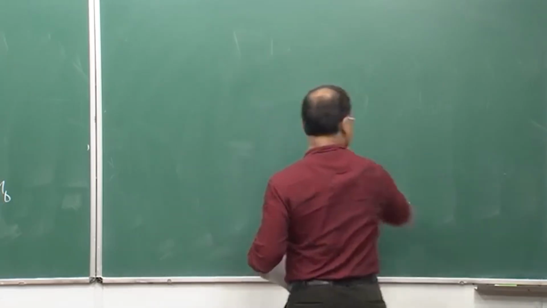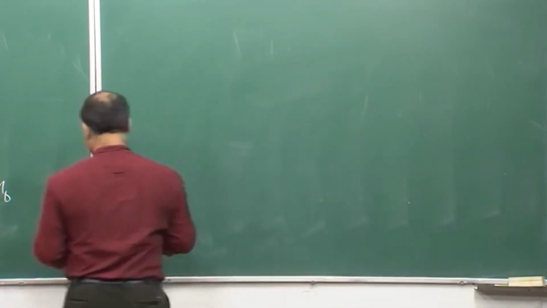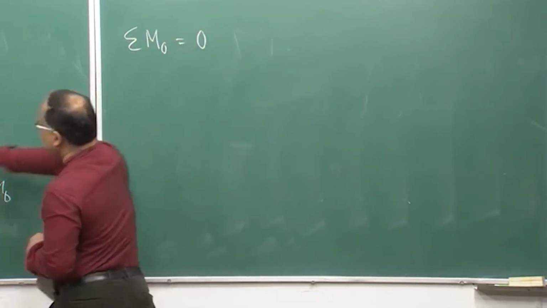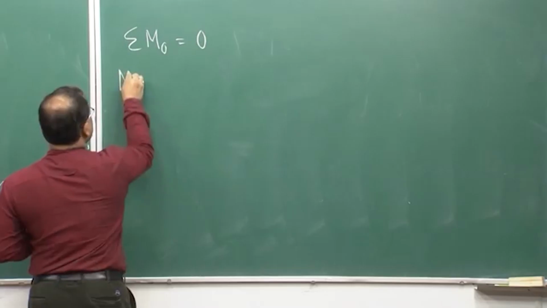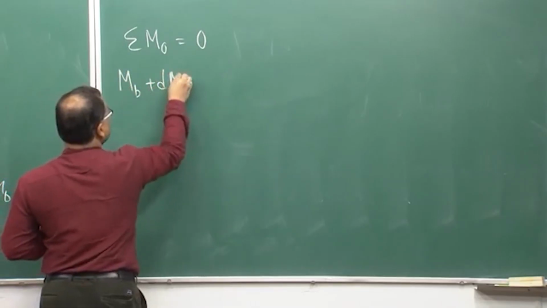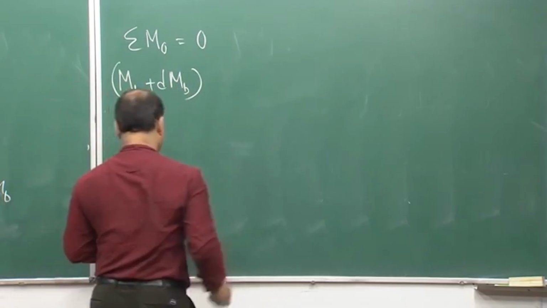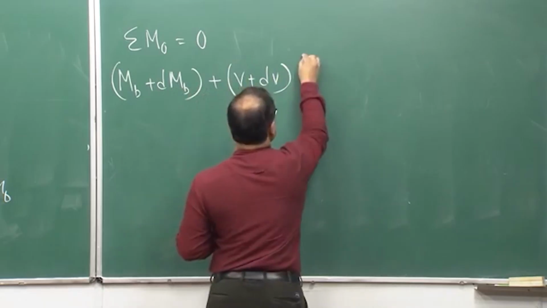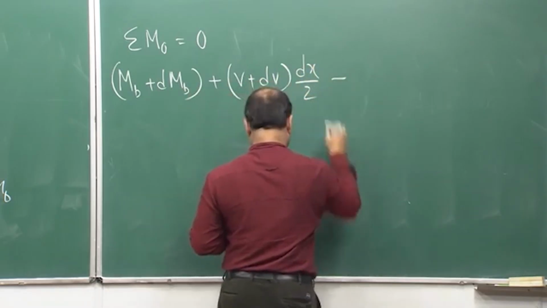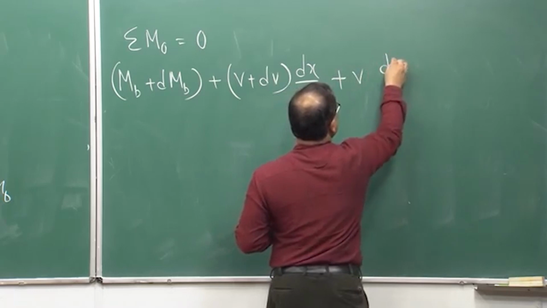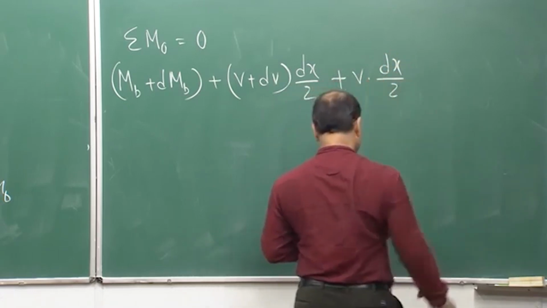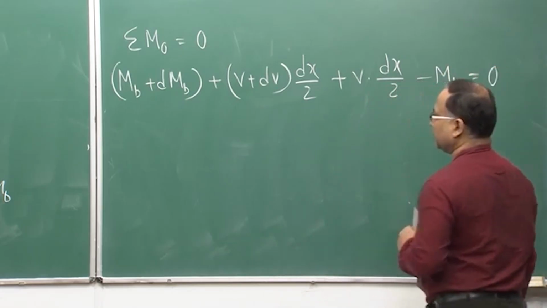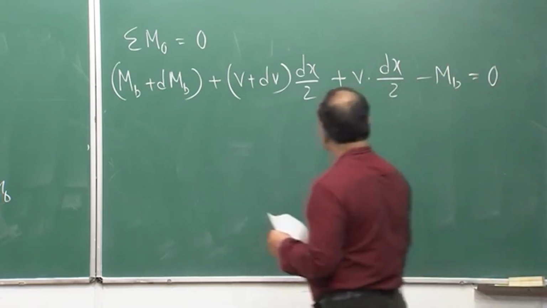If I consider the moment equilibrium with respect to midpoint O, then I can write MB plus dMB plus (V plus dV) into dx/2 plus V into dx/2 minus MB equal to 0.